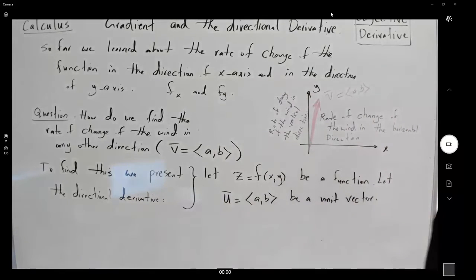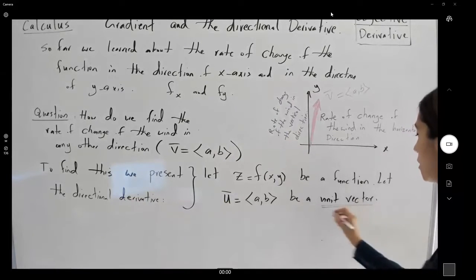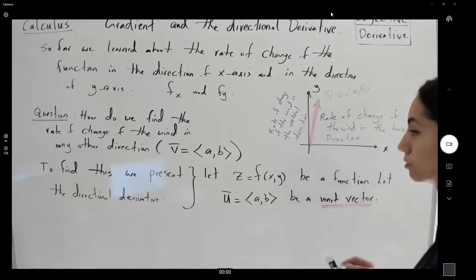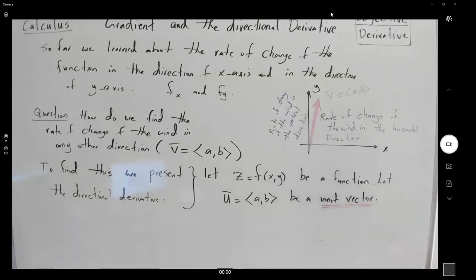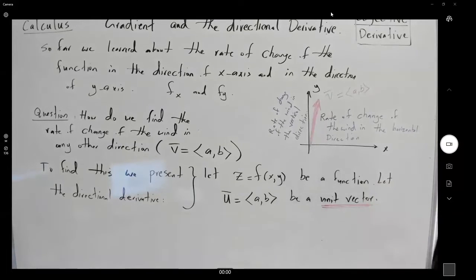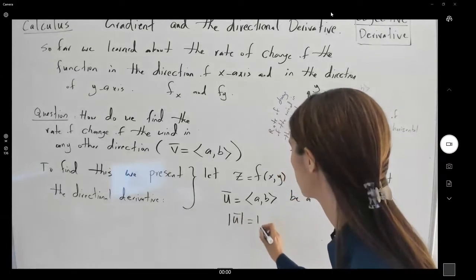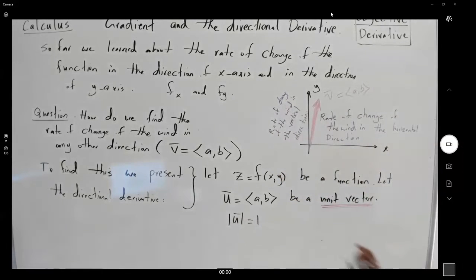Guys, this piece of information is important. If we are not using a unit vector, we have to convert the vector that we have to a unit vector. So suppose we have a function and u is a unit vector. What's the meaning of that? It means that the magnitude of u is equal to 1. The directional derivative is defined this way.